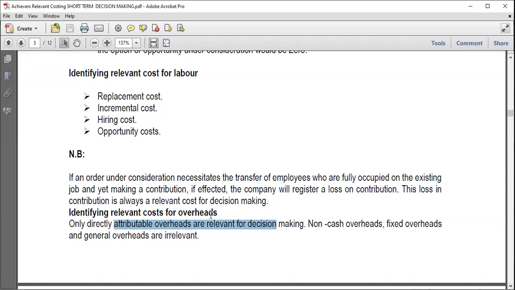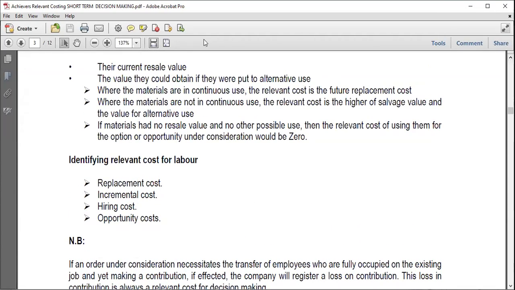Now, we're saying, what about overheads? We are saying that only directly attributable overheads are relevant for decision making. Non-cash overheads, fixed overheads, and general overheads are irrelevant. You get it? Yeah, so it's very important for us to have that in mind.